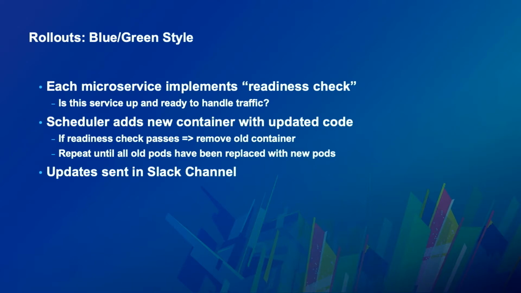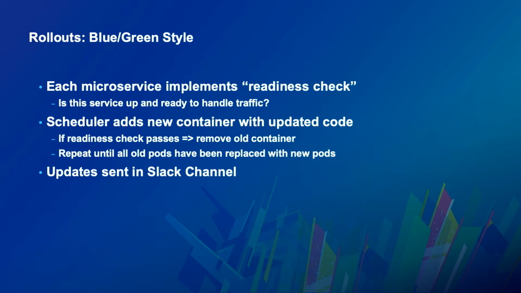So we do our rollouts blue-green style, and that means that we start rolling in the new version while we roll out the old version. So new one in, old one out, and as each new container or pod goes into service, the cluster is running the readiness check, which might be like healthz, and see, is this thing able to connect to the database?